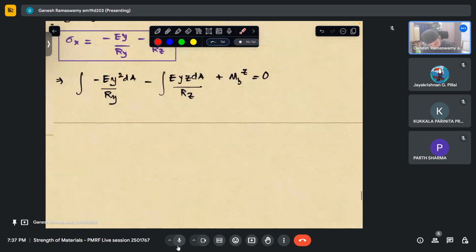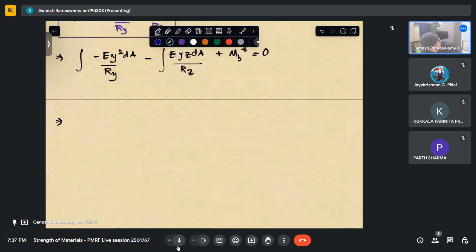So this is nothing but, if I take this to the right side, I get EIzz by ry plus EIyz by rz equals mbz.